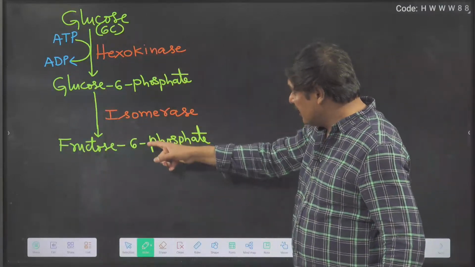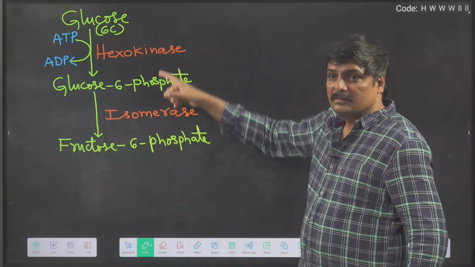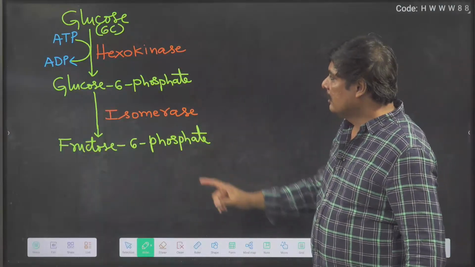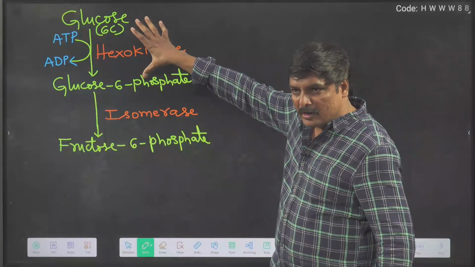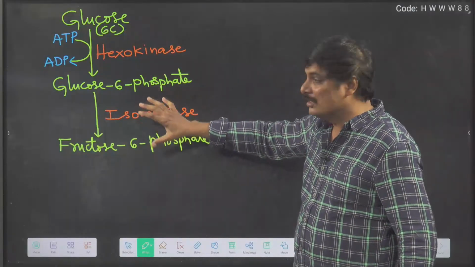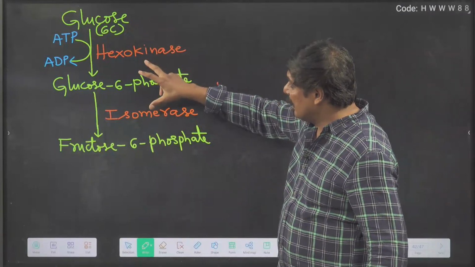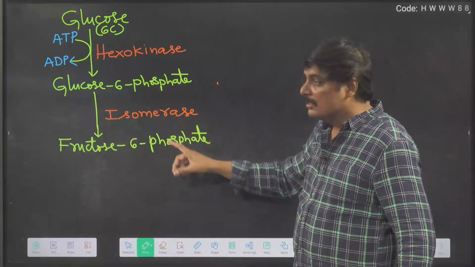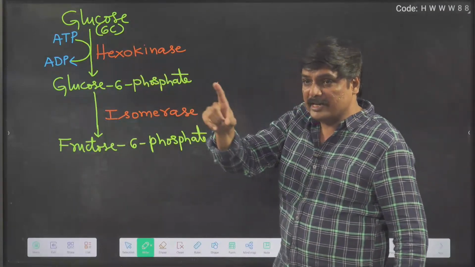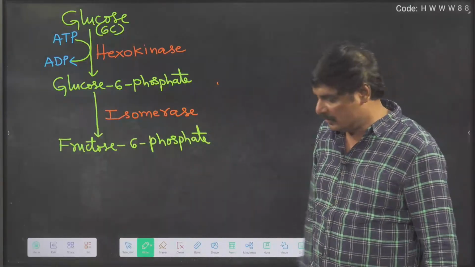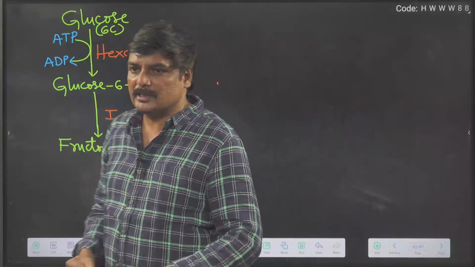The difference is only here. This step is phosphorylation. This step is isomerization. This step is catalyzed by hexokinase. This step is catalyzed by isomerase. In this first step, ATP is used. Okay. Now, next step, the third step.